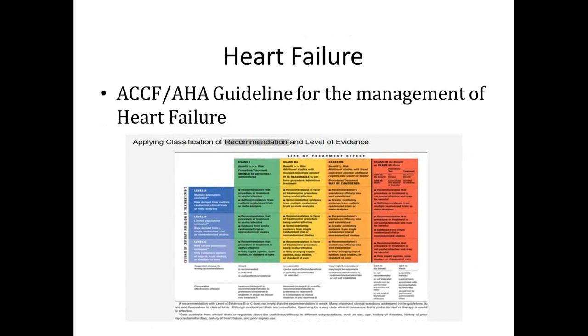I mean, you have to know class 1 indications because those are things that you're going to be tested on. You may or may not be tested on class 2A or 2B. You'll be tested on class 1 and probably 3 because remember, class 3 indications are things that you should not do, which can harm the patient. So they want to make sure that you're not going to kill the patient.